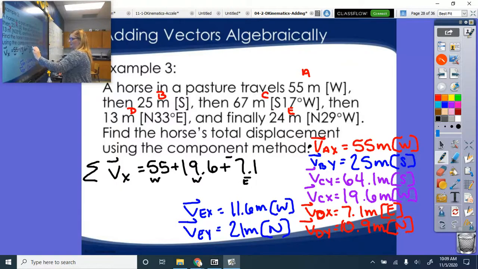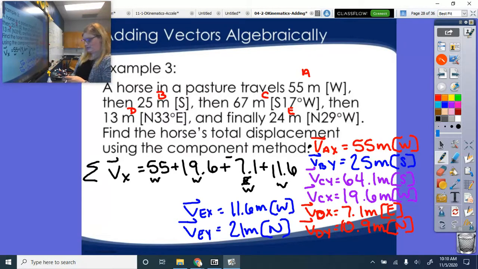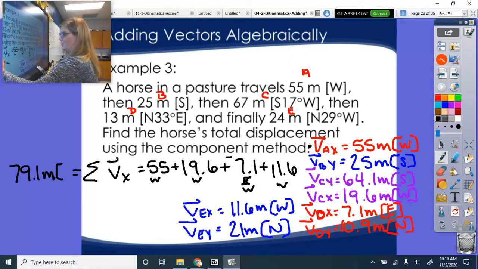So what I need to do is make that negative. So that's going west. And then adding my final one, which is 11.6, and that's going west. So in the x direction, I went 55 plus 19.6 plus negative 7.1 plus 11.6. I'm going to write it over here, 79.1 meters west. Whew. Okay.